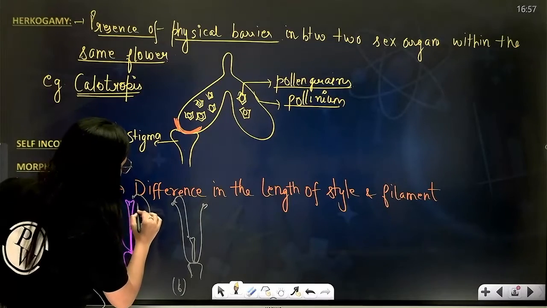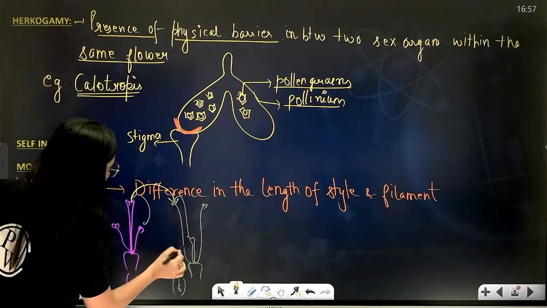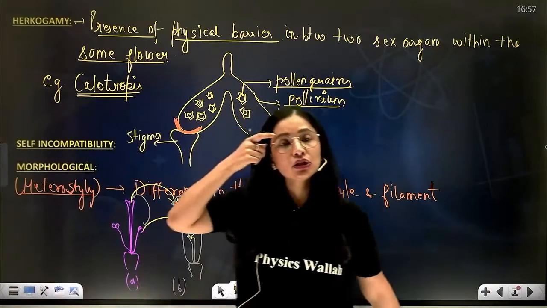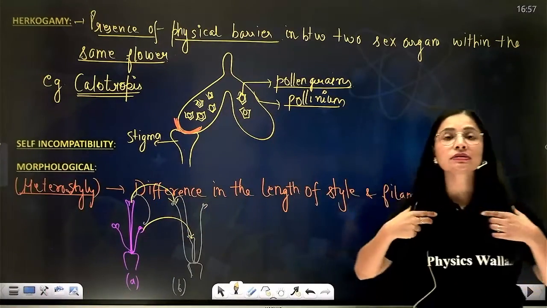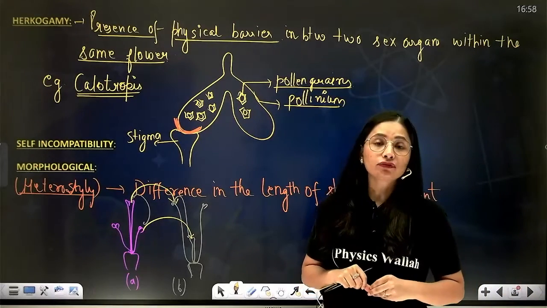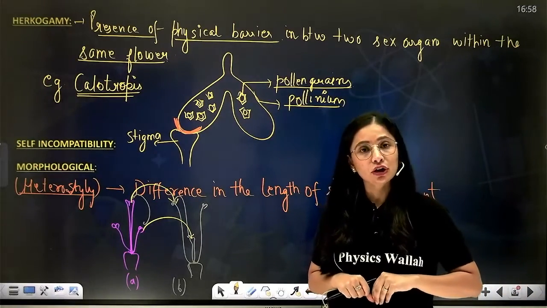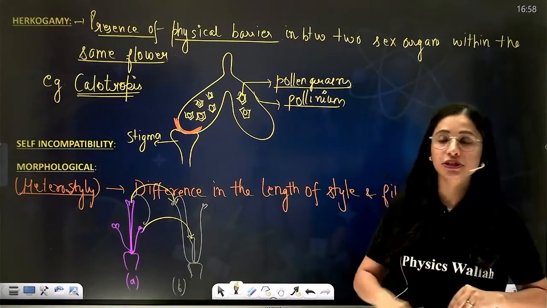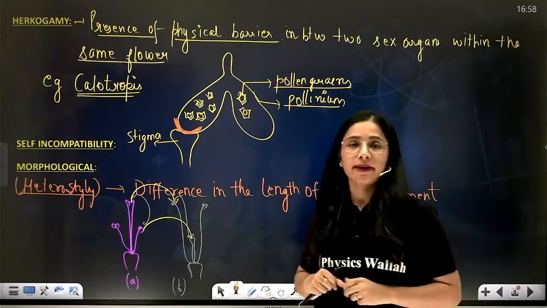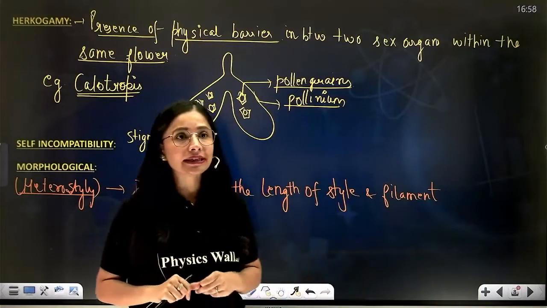That means this thing or this thing. Understood? So when there is a great difference in the length of the filament and style of the sex organs, they prefer cross-pollination over self-pollination. The diagram is self-explanatory. Okay, I hope you have understood till here.